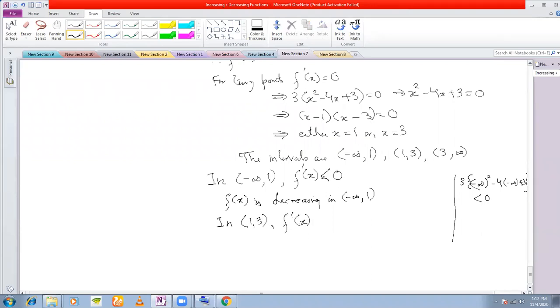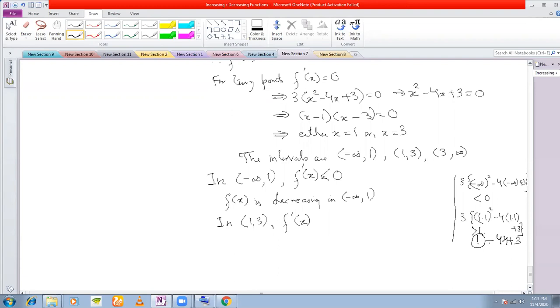In 1 to 3, take any value. Let us take 1.1, a value that is very close to 1 and greater than 1. Okay, so what happens? 3 into 1.1 square minus 4 into 1.1 plus 3. What is the value? 1.1 square is 1.21, minus 4.4, plus 3.